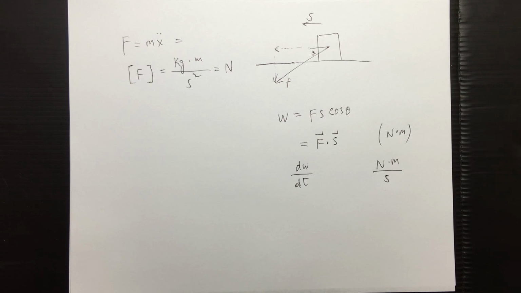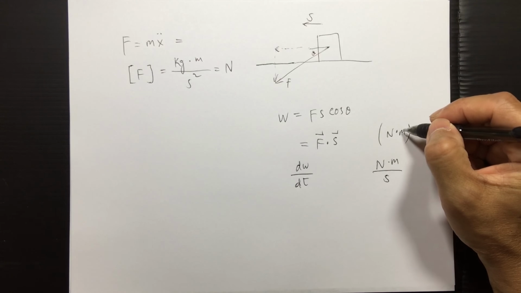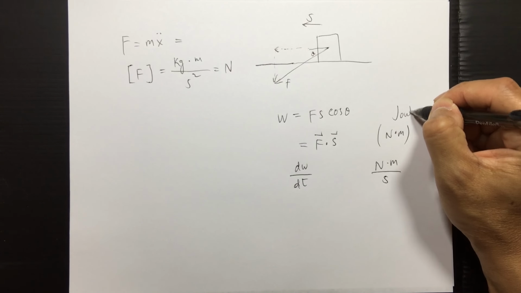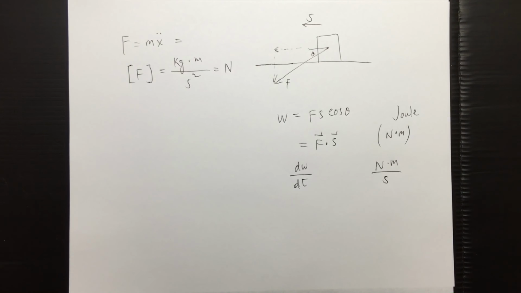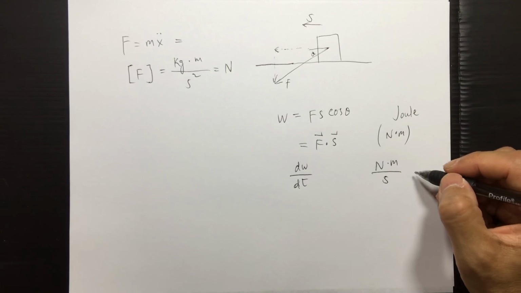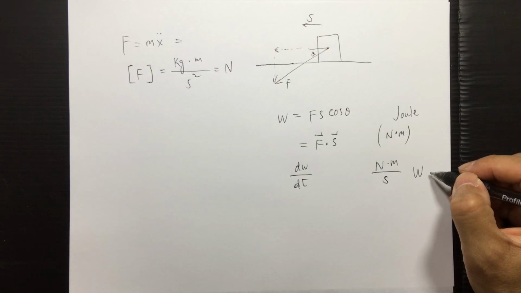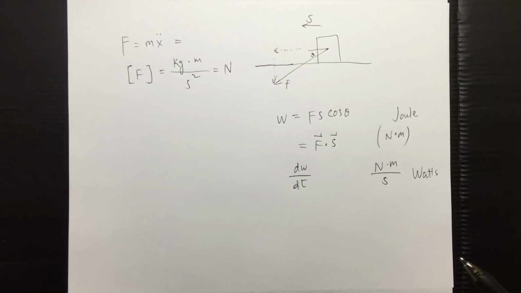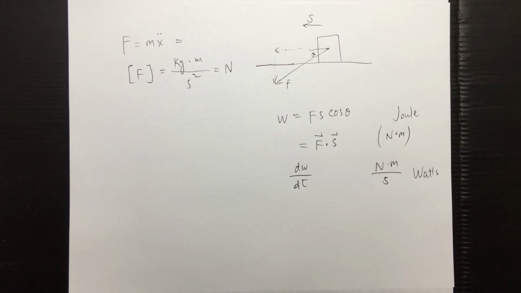Newton meter, Newton times meter is called joule. I hope I spell it right. Divided by time is called watt. You ever heard of this? This is per time power, like electricity. You have this light bulb, 60 watts.